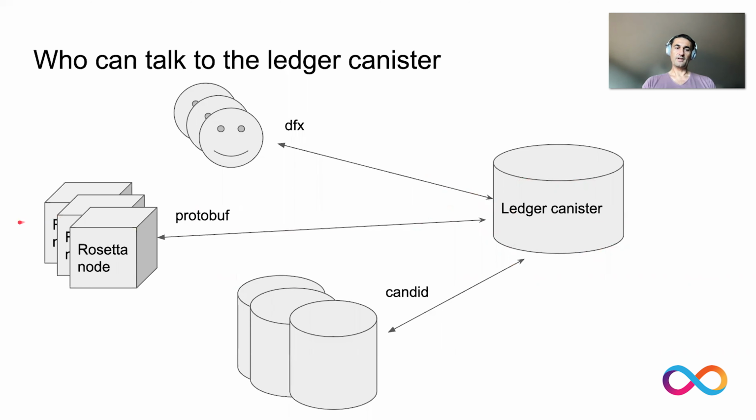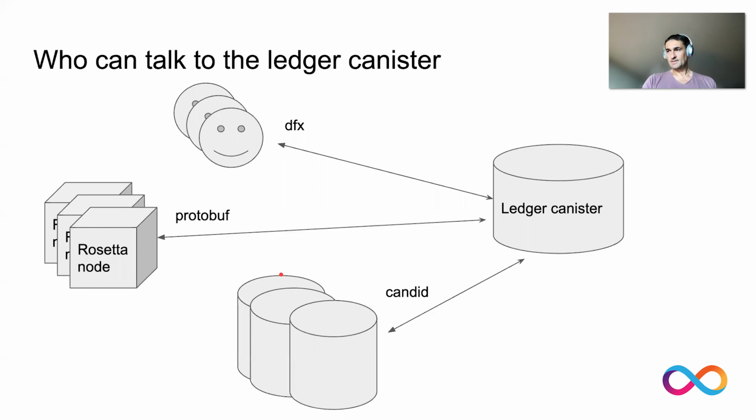So if I run a Rosetta node, I can interact with the ledger canister using generic concepts like blocks, transactions, and whatnot. But I do not need to know exactly how the communication between the Rosetta node and the ledger canister is implemented. The ledger canister offers the Rosetta node an interface which uses protobuf for the communication.